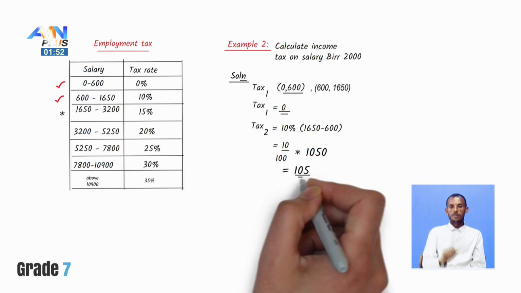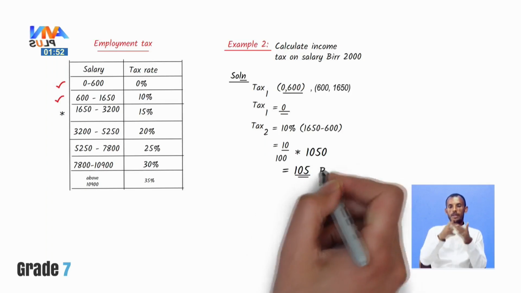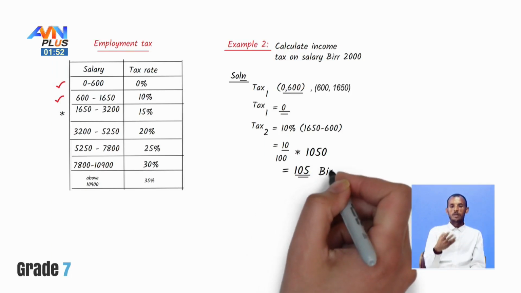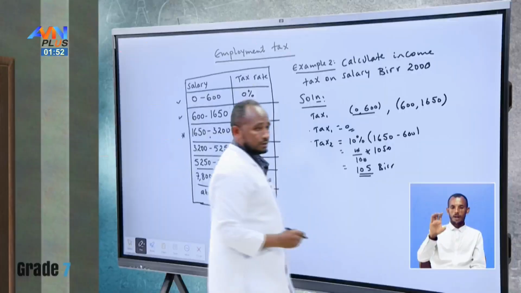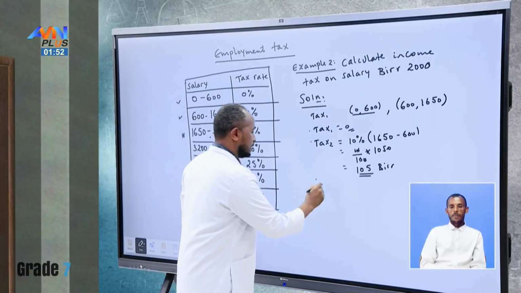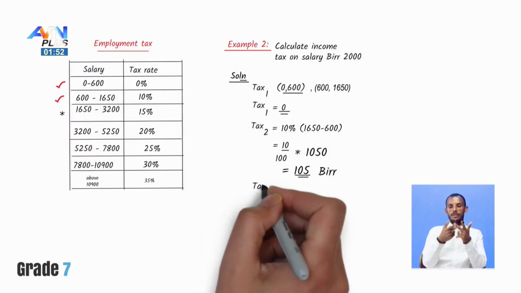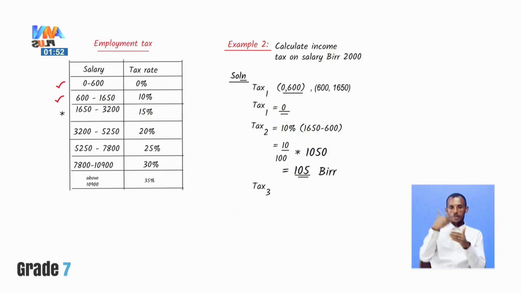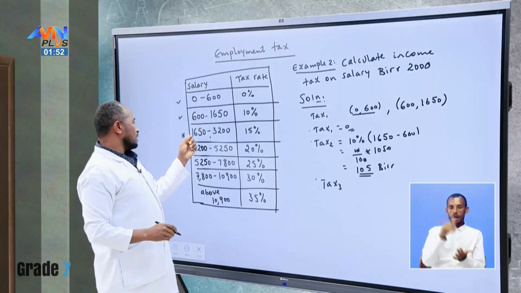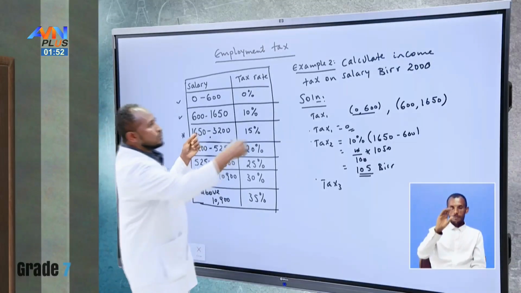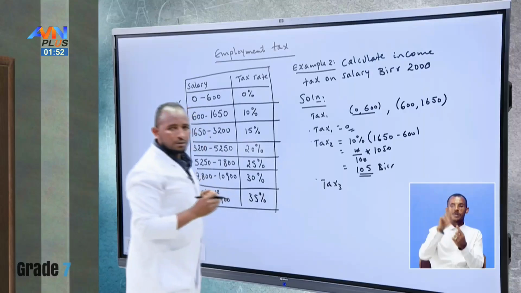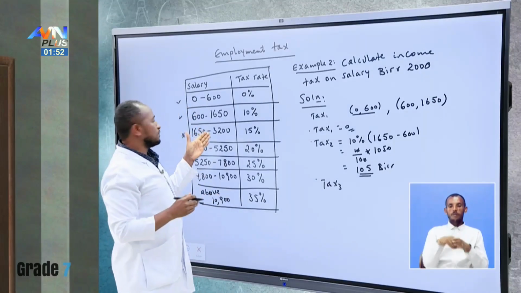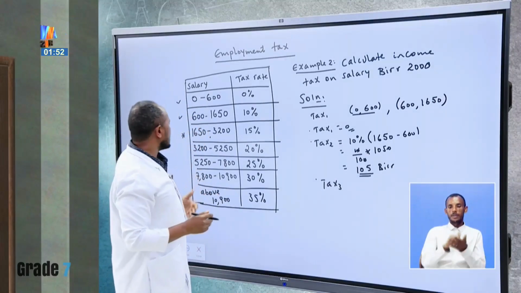So on this interval, the tax paid will be 105. Again, the next interval is from 1,650 up to 2,000. The income is also on 2,000. Therefore, on that interval, what will be the tax amount?